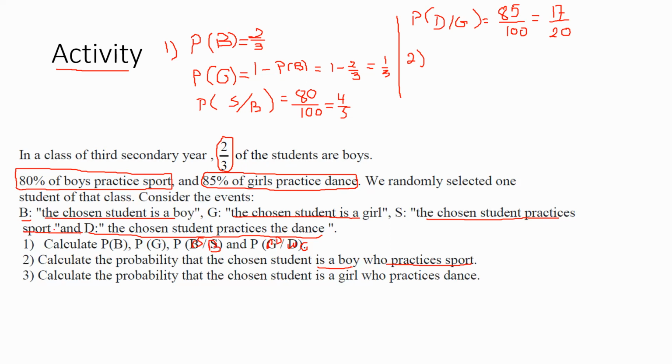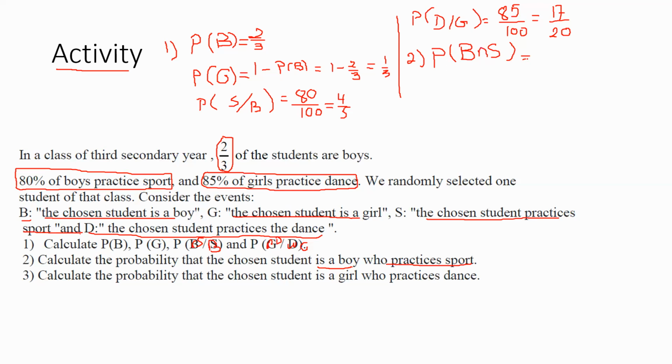Part 2, what we need to calculate? Calculate the probability that the chosen student is a boy who practices sport. What we need to determine? P of B intersection S. What is the rule that we took before?